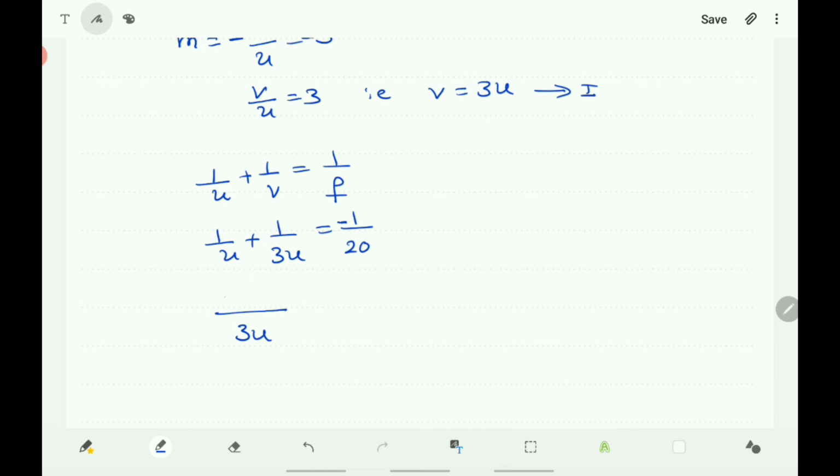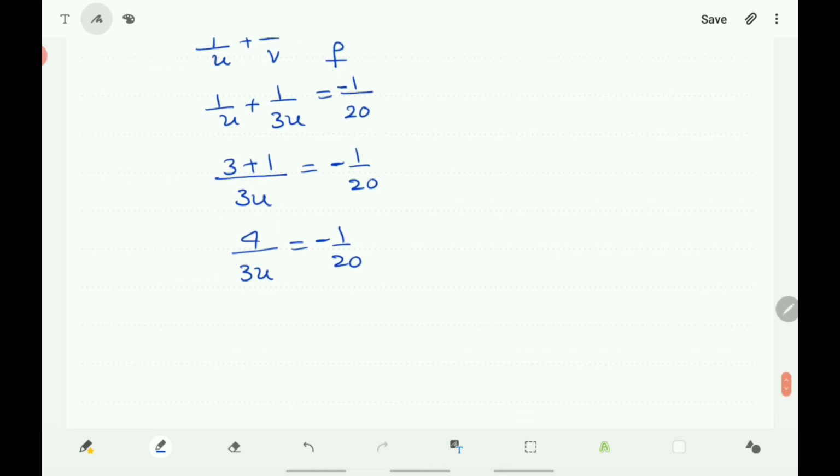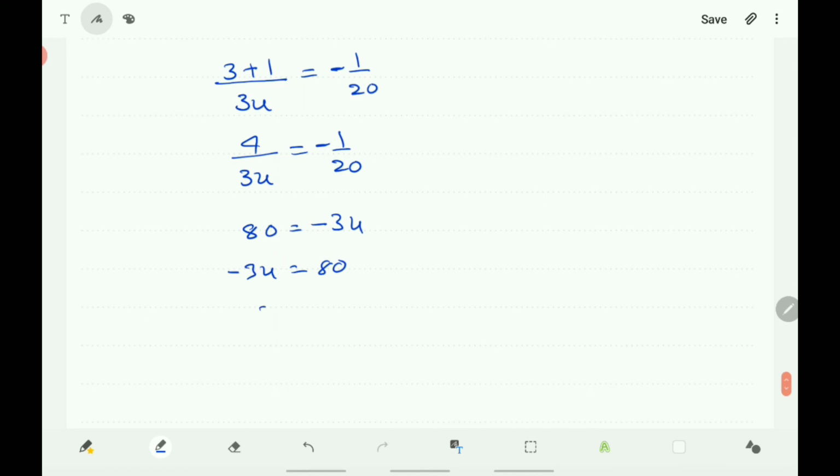So you write 1 into 3 is 3 plus 1, that is minus 1 by 20. Then that is 4 by 3u is equal to minus 1 by 20. Then 4 20s are 80 is equal to minus 3u. So you take minus 3u is equal to 80. u is equal to minus 80 by 3 it becomes.